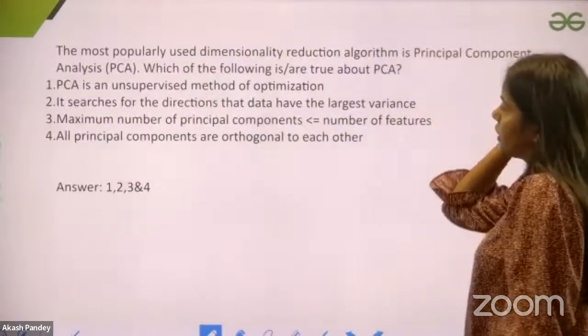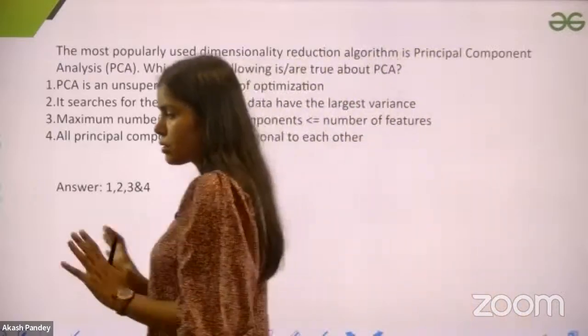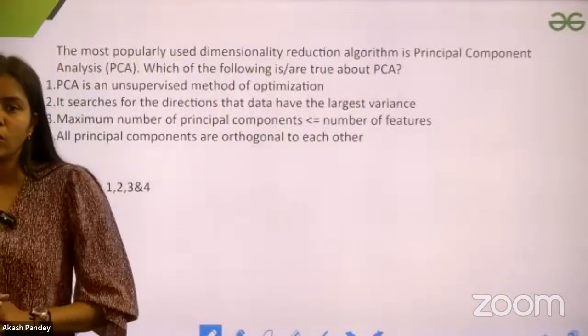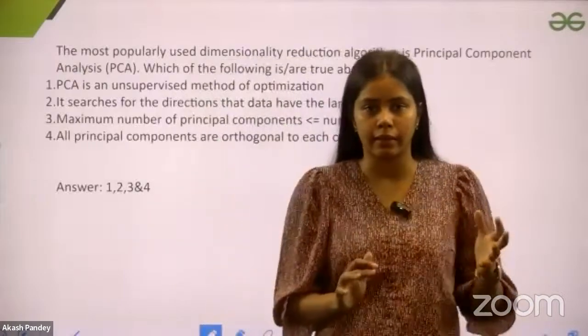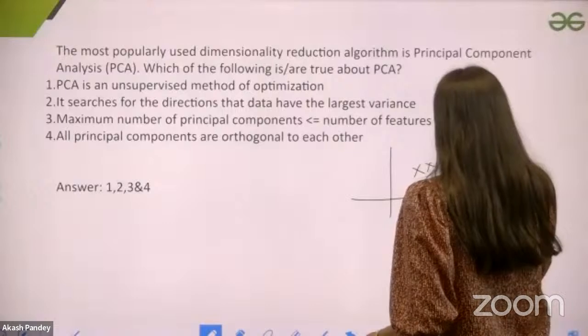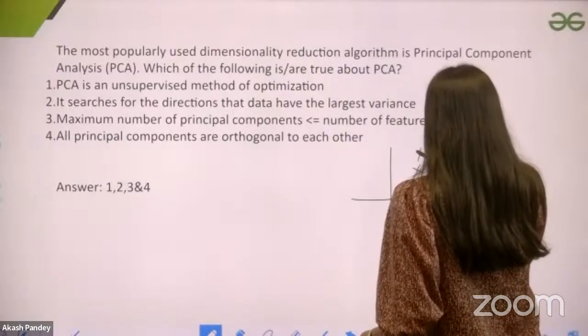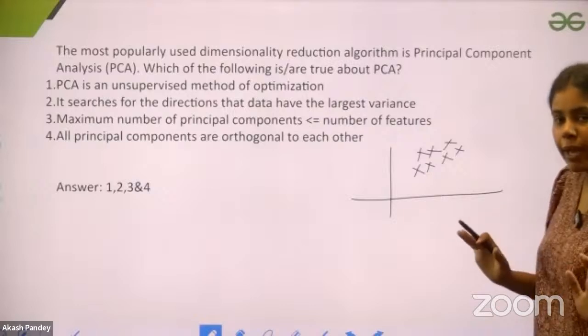Okay, so now the question here is based on principal component analysis. I assume that all of you know what principal component analysis is. We find the maximum variance in our data set, right? Let's suppose this data set is given something like that. I'll find that particular direction in which we have maximum variance.